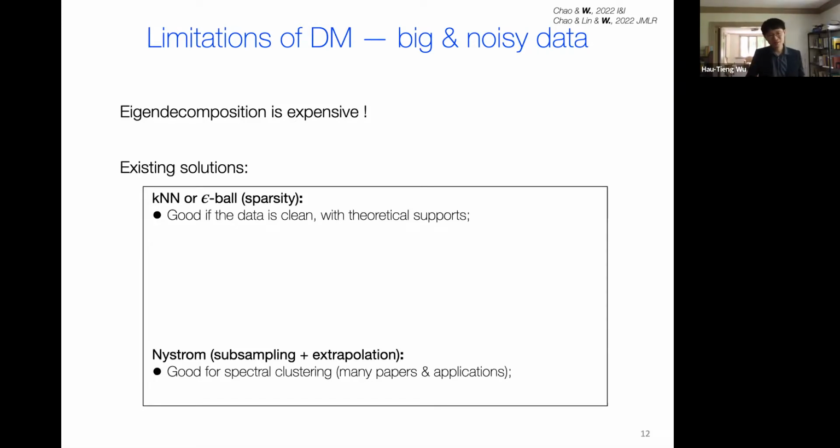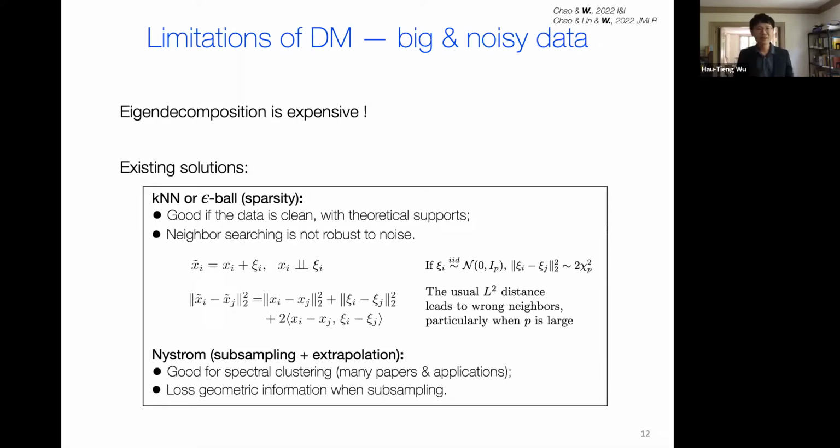First, hey, you're a city, right? Why don't we just use sparsity? Good, you can do sparsity. You can do epsilon ball, but it is good only if the data is clean and you have theoretical support, everything. That's good. However, neighbor searching is not robust to noise, unfortunately. And you can see it in this very simple calculation.